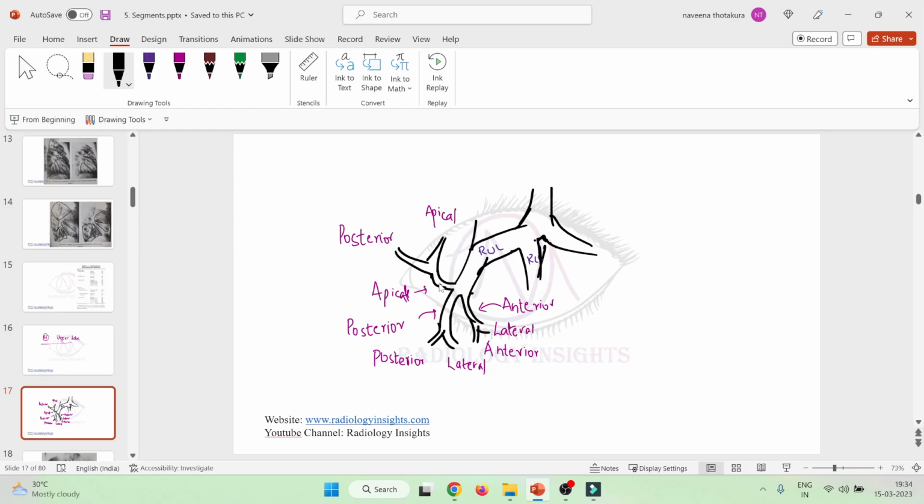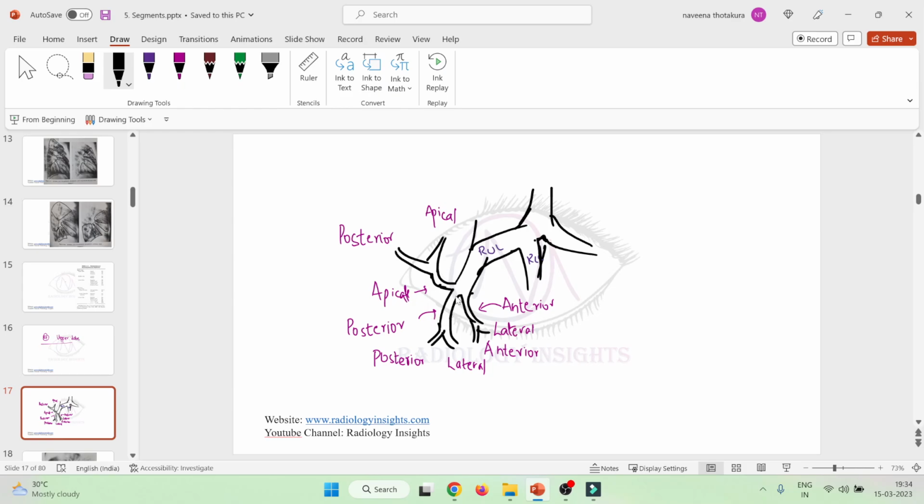One supplies the apical segment, then it supplies the posterior segment and the anterior segment of the upper lobe. The apical segmental bronchus again divides into apical and posterior rami of the apical segment.